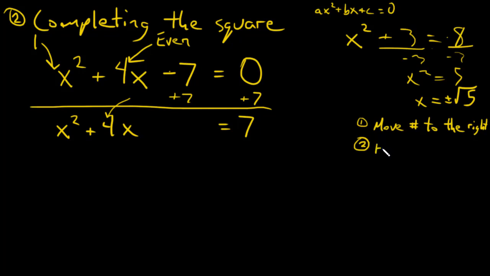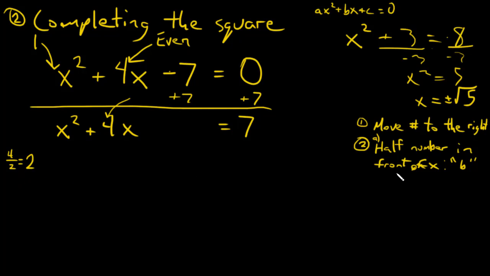So half the number in front of the x, or the x's coefficient, or if you would like, b, if it fits this form up top. So step A is you half it. So in this case, I'm going to do a little scratch work over here. 4 over 2 equals 2.